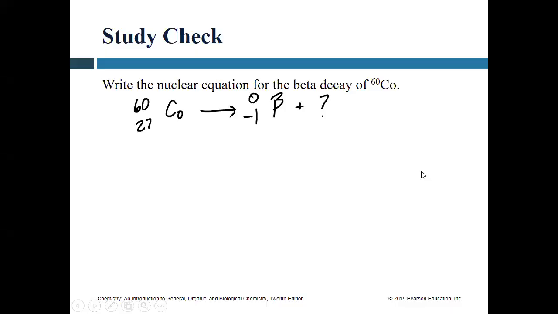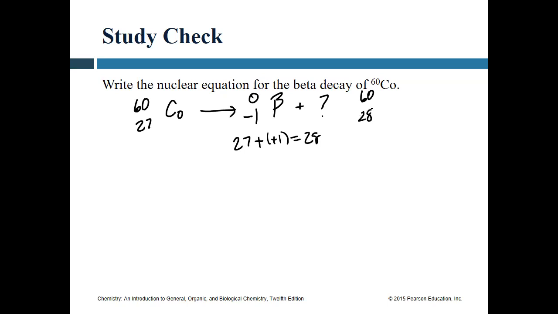All right, it looks like we're on the right track. So for the mass number here, obviously we needed 60. We are getting nothing from the beta particle, so 60 will be the mass number of our mystery particle as well. And then the beta is giving us a -1, so 27 minus -1 is the same thing as 27 plus 1.